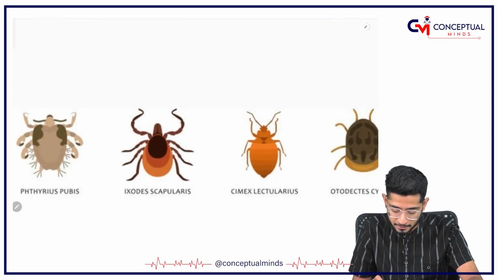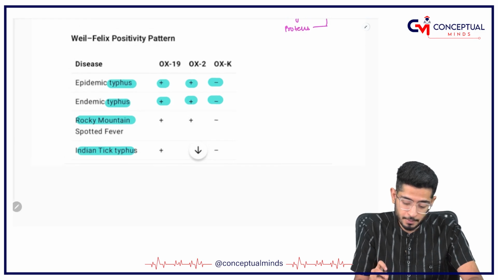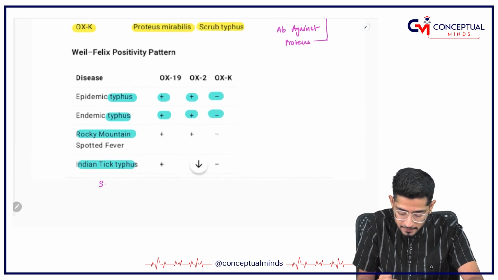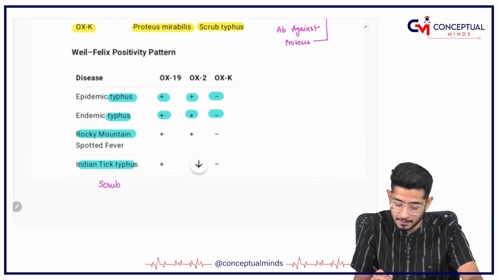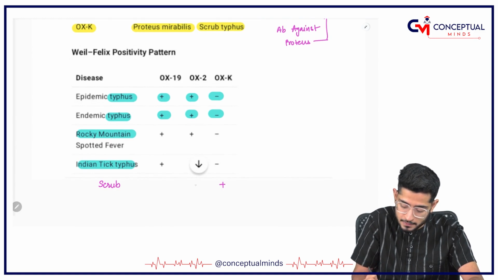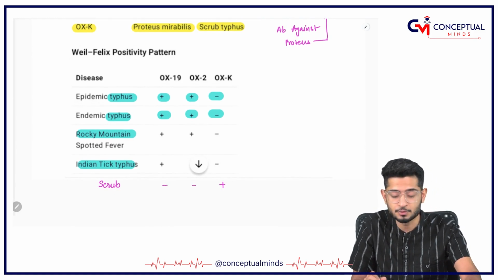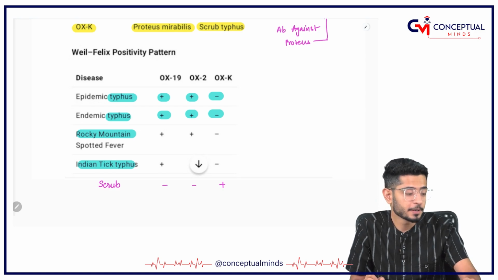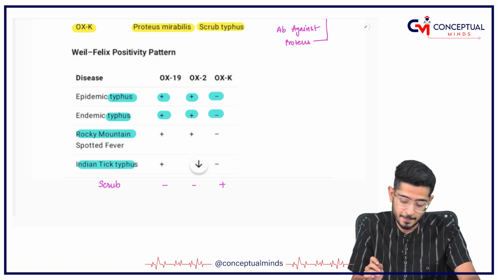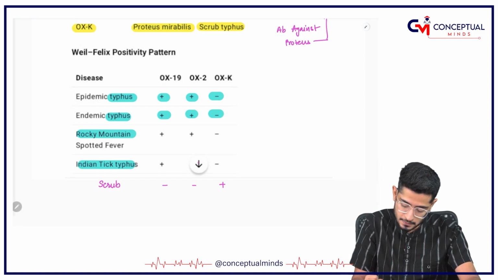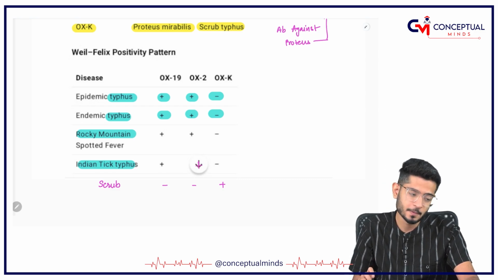But in case of scrub typhus, it is not the case, because in scrub typhus OXK will be positive, rest everything is going to be negative, right? This is also positive, this is also positive, right?